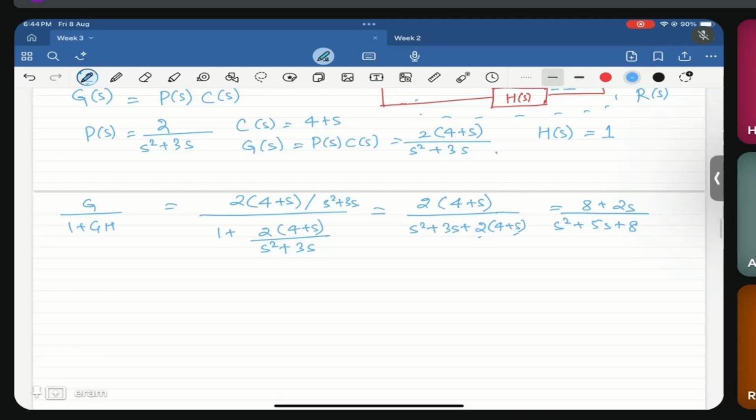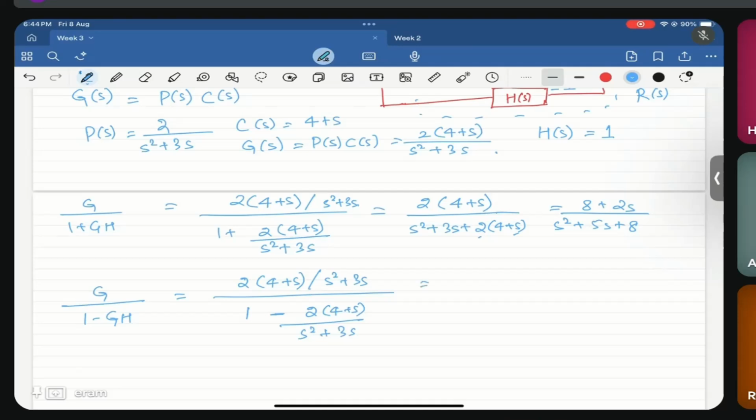Now you can easily calculate. Here we calculate G by 1 minus GH. So it is 2(4 plus s) divided by s square plus 3s, and 1 minus 2(4 plus s) divided by s square plus 3s.